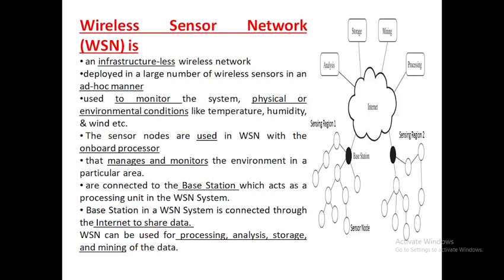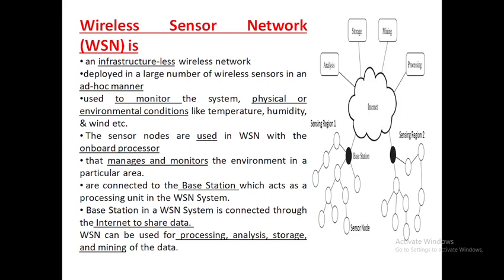physical or environmental conditions like temperature, humidity and wind, etc. These sensor nodes are also used in wireless sensor network with an onboard processor. We can say that wireless sensor network also manages and monitors the environment in a particular area.